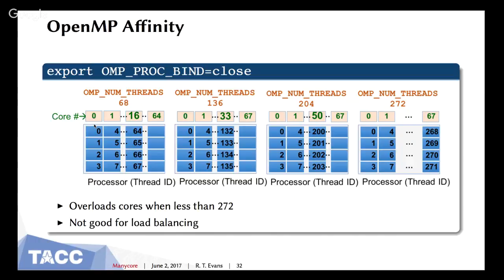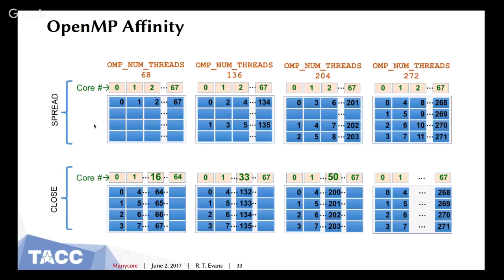Because you're looking at the logical cores and how they fit in the memory hierarchy, and you're filling it up as closely packed as possible. And this is just an overview. And you see when you get to 272 threads, they both lay out the same way. But ideally, you want to use spread. And in my benchmark testing, I have to say it's pretty much hard-coded into my scripts.